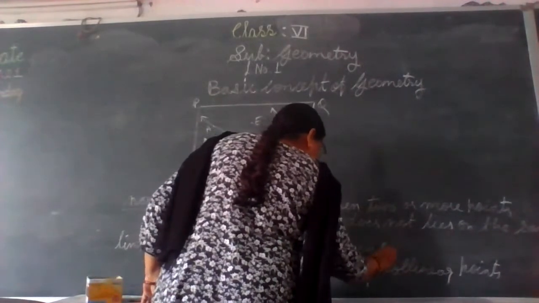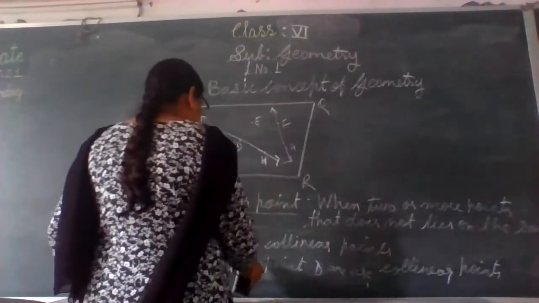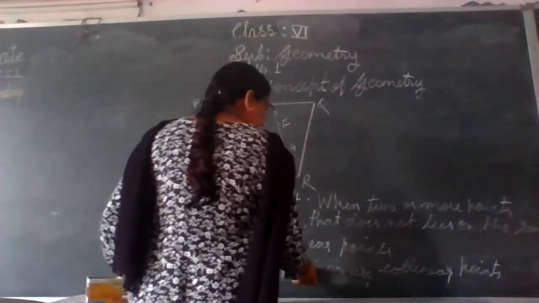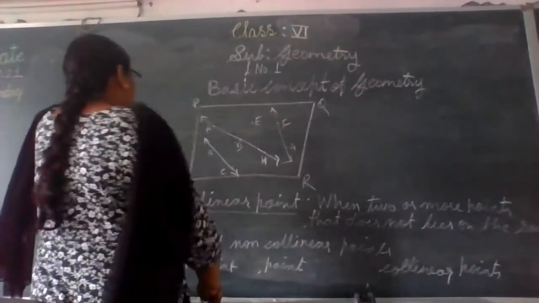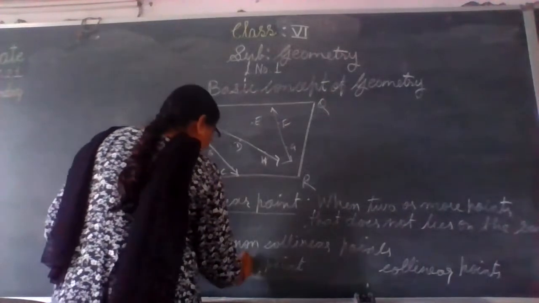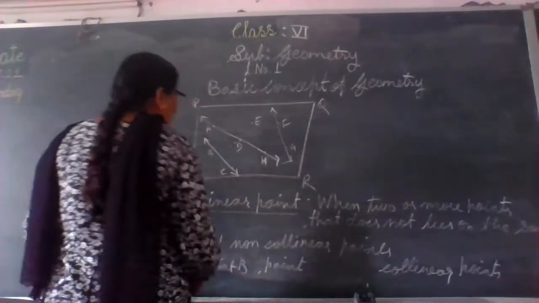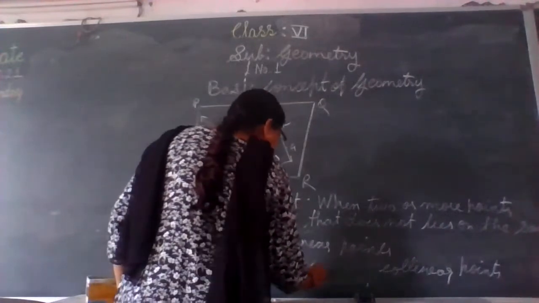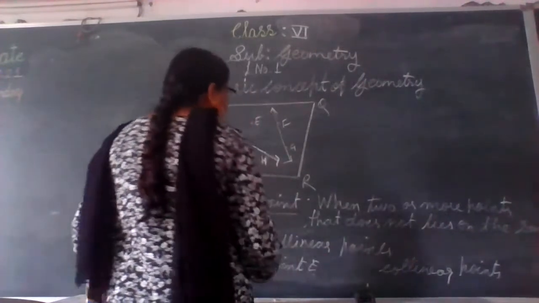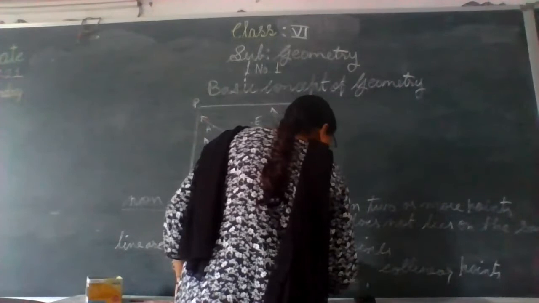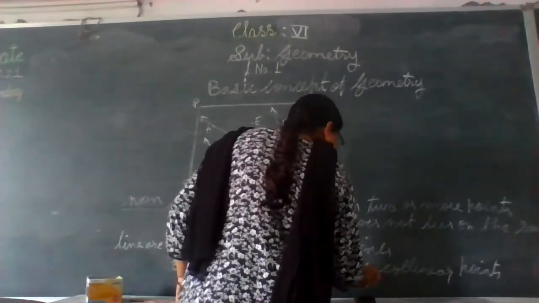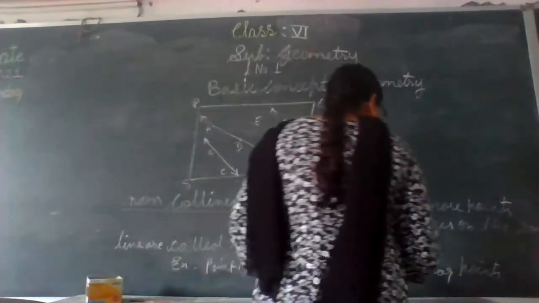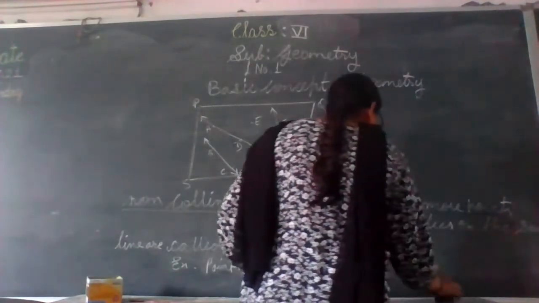For example, point B, point E, point G are non-collinear points.